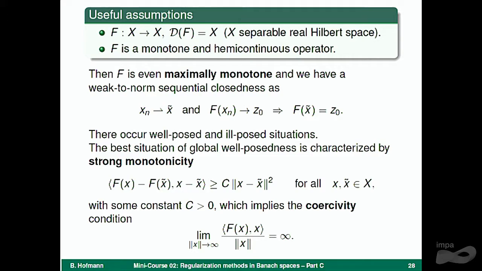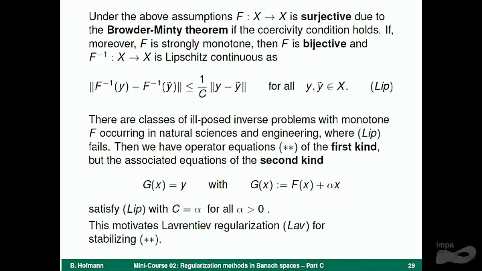So this implies coercivity, and you can apply the so-called Browder-Minty theorem, and you have all the fine properties: surjective, bijective, all this, and so the inverse has this property. That's very fine.